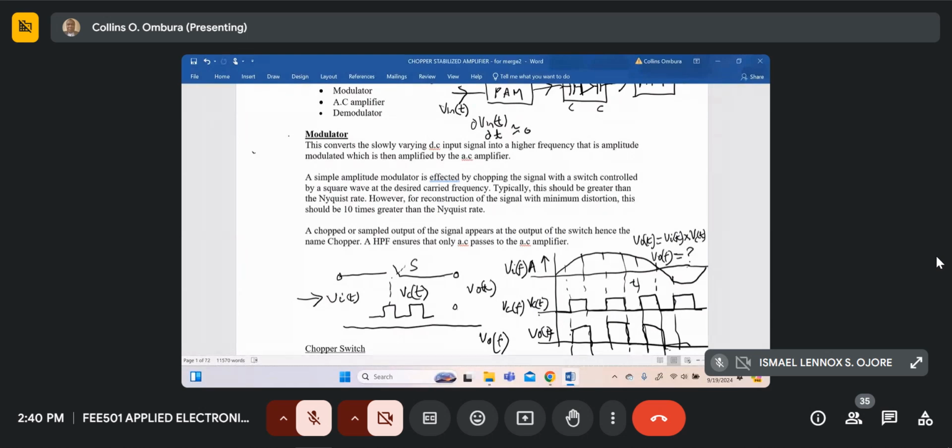Anybody? Could it be convolution? Yes, you have to apply the convolution theorem. So all of you go and revise the convolution theorem from your telecoms.